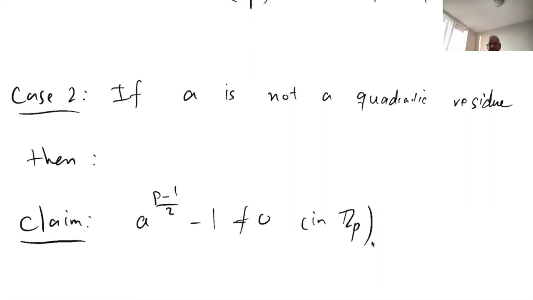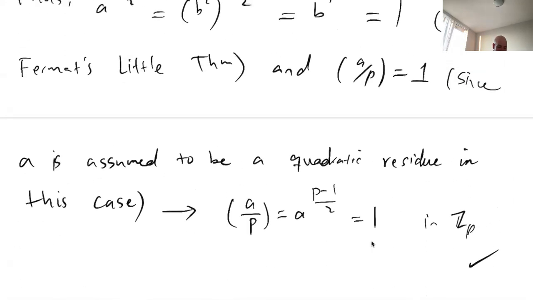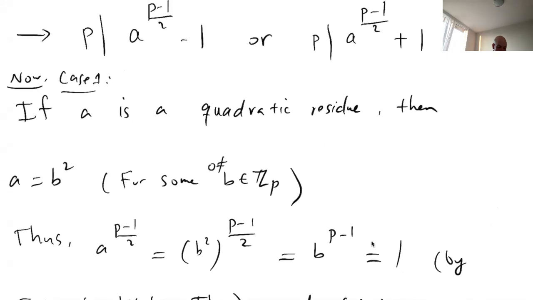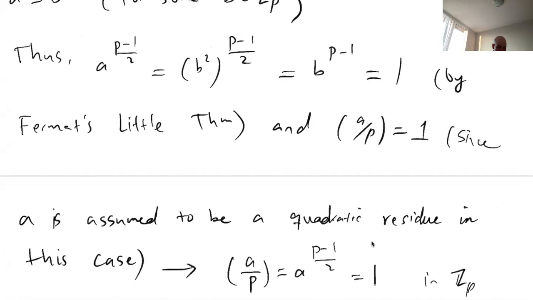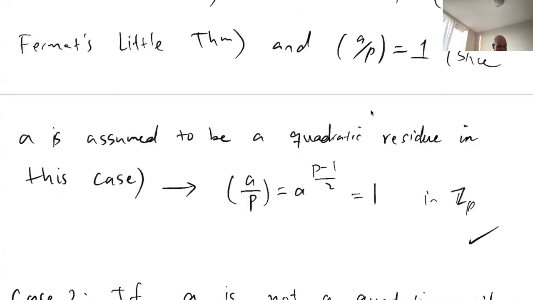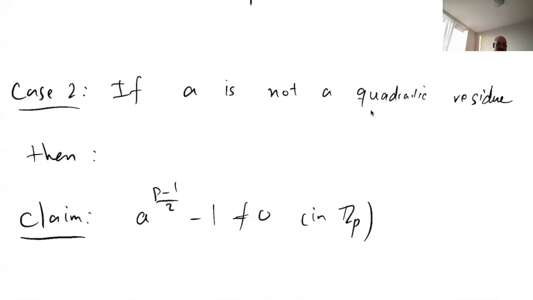Why? In case 1, we saw that if A is a quadratic residue, then A to power P minus 1 over 2 minus 1 equals 0, because we showed that A to power P minus 1 over 2 equals 1, which is same as saying that A to power P minus 1 over 2 minus 1 equals 0. Now we are saying that if A is not a quadratic residue, then this expression will not be equal to 0.